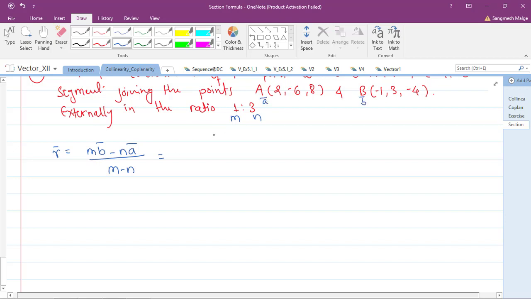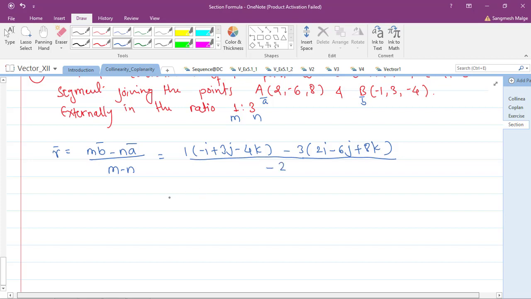So M, that is 1 into B bar, which is minus i plus 3j minus 4k, minus 3 into bracket, that is N into bracket 2i minus 6j plus 8k, upon M minus N. M minus N means 1 minus 3, which is minus 2.